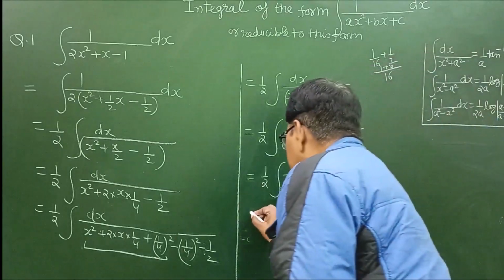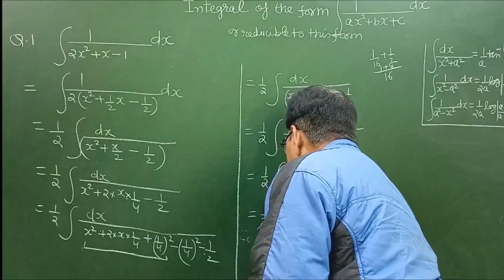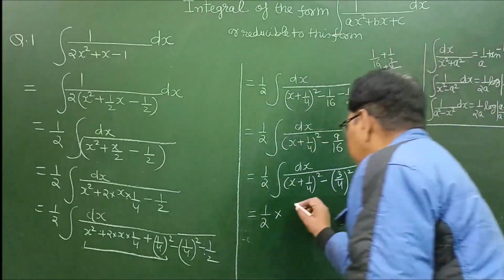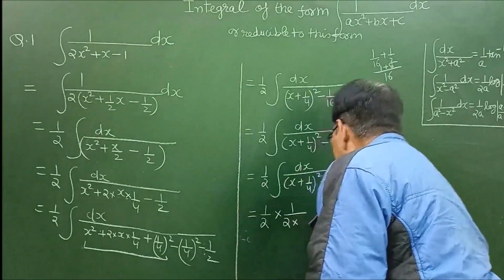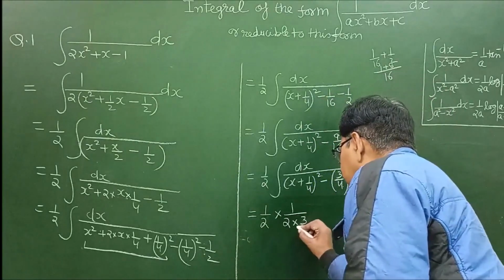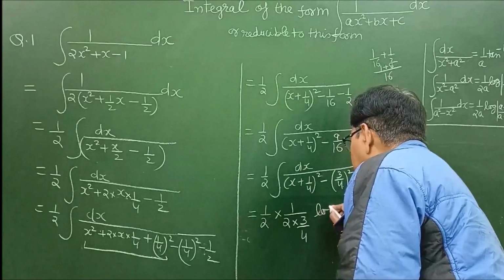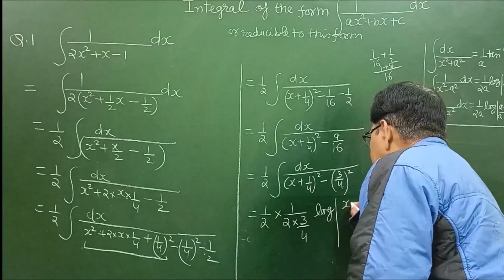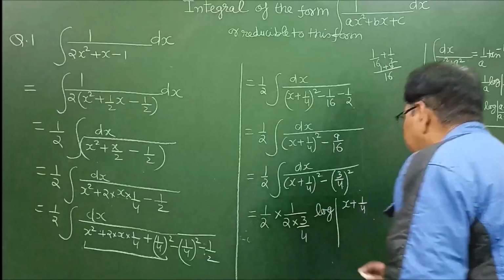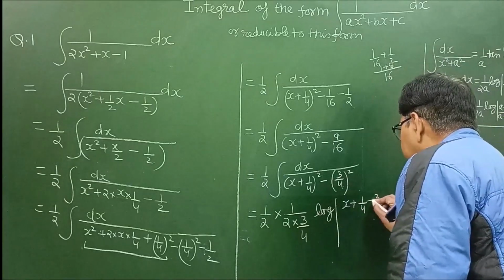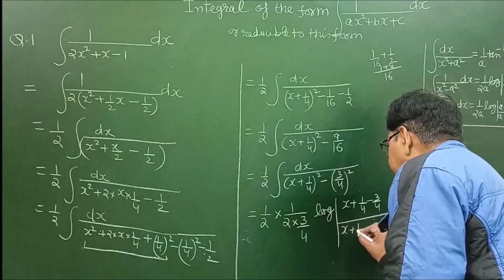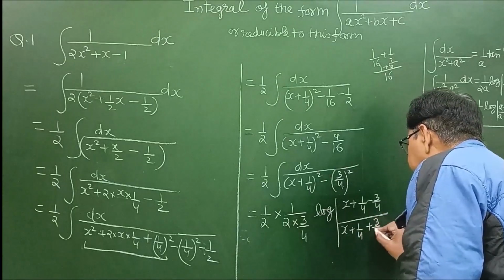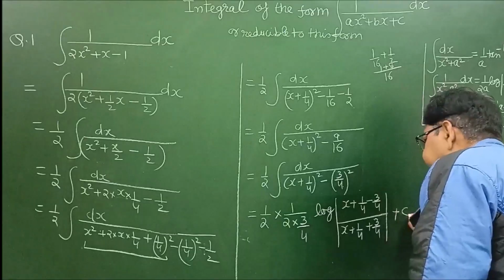So this is equal to 1 upon 2 into 1 upon 2a, where the value of a is 3 upon 4 here, log mod x minus a, that is x plus 1 by 4 minus 3 by 4, upon x plus 1 by 4 plus 3 upon 4, plus c.